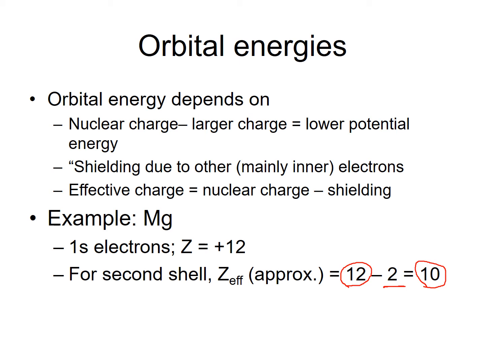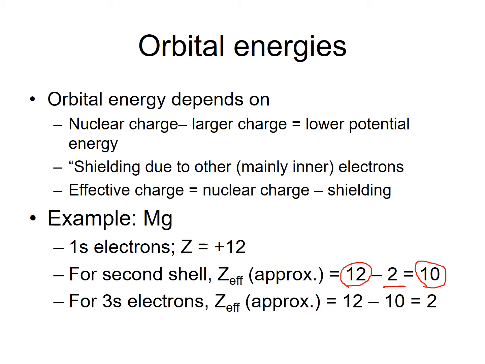This is not exact for two reasons. First of all, the shielding is not complete. The inner electrons don't completely shield the outer electrons from seeing the full charge, and then also the electrons in one shell partially shield each other. But this gives you a rough idea of how the effect works.